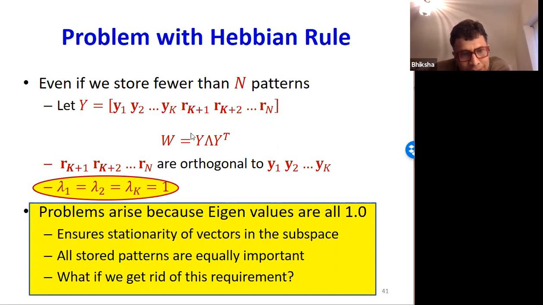And then it constructs a weight matrix such that these patterns are the eigenvectors of W. And when they are the eigenvectors of W, all of them are given eigenvalue 1. One consequence of this is that any bit pattern that's a linear combination of these guys ends up also being stable. And so this is why the whole Hebbian learning framework kind of fails.